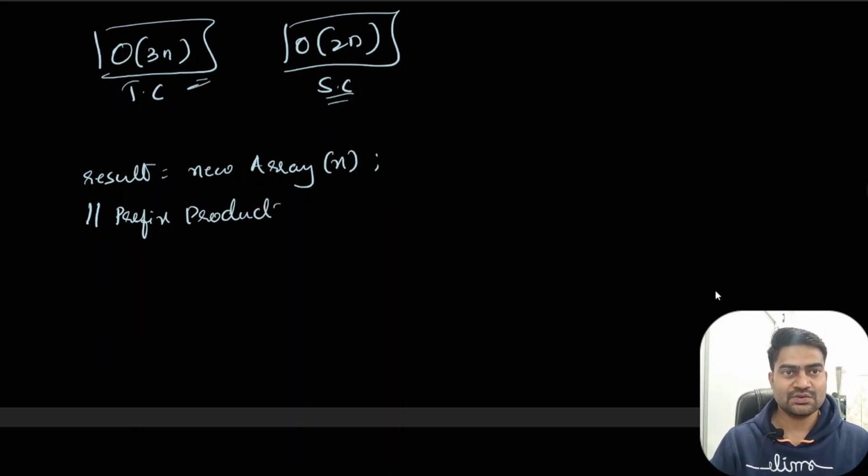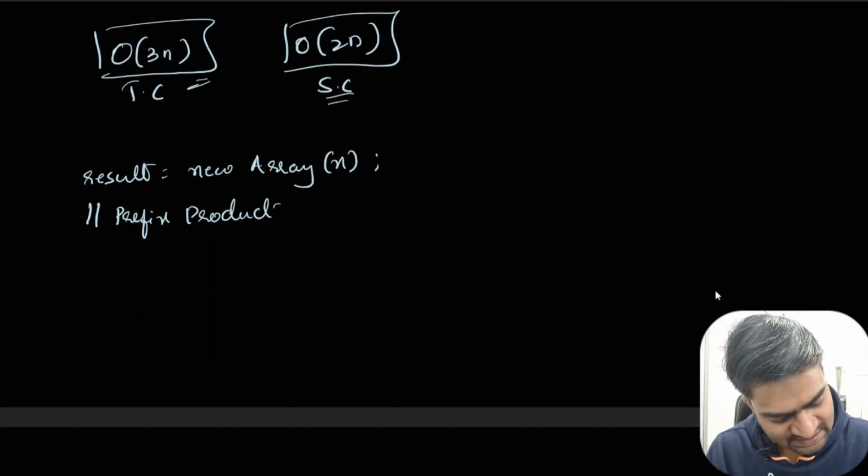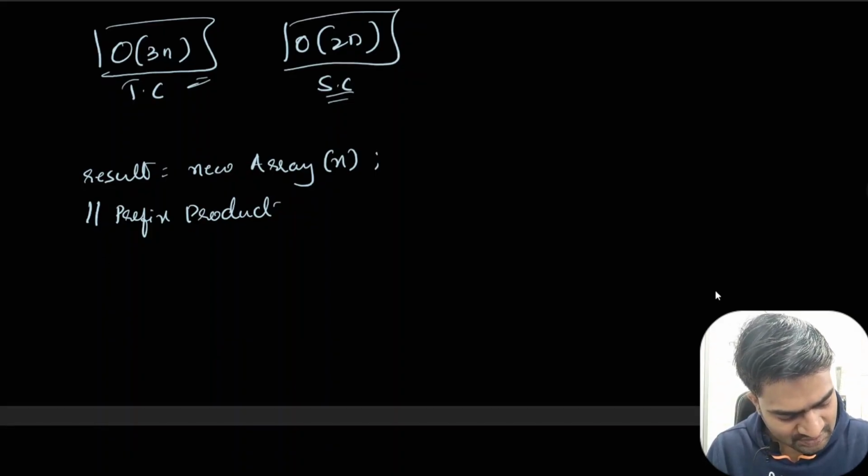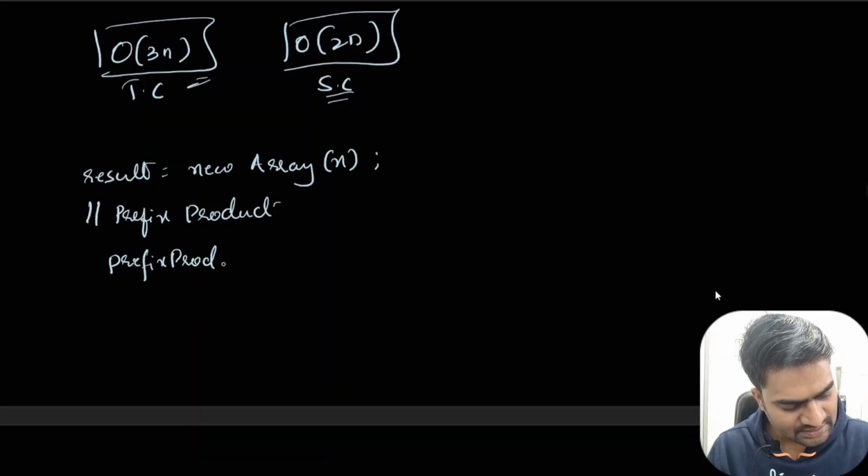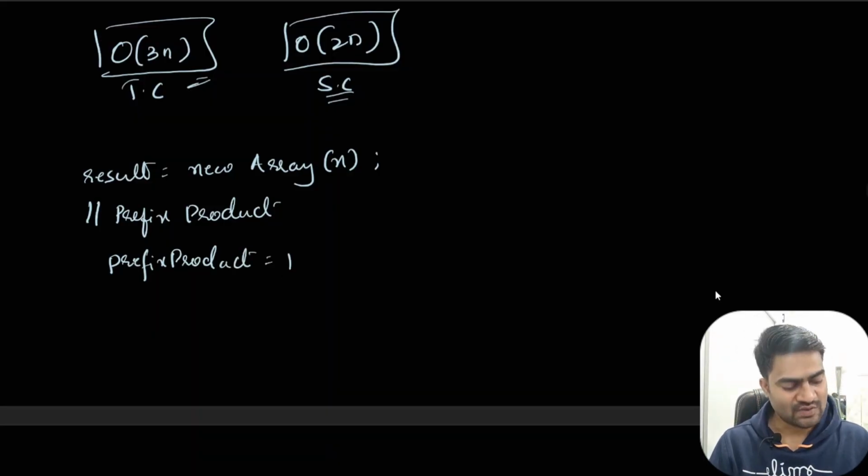If it is prefix product, then we start from the first number, right? So there will be nothing on the left side of the first number. So I will take a variable prefix product, then I will assign it with 1.